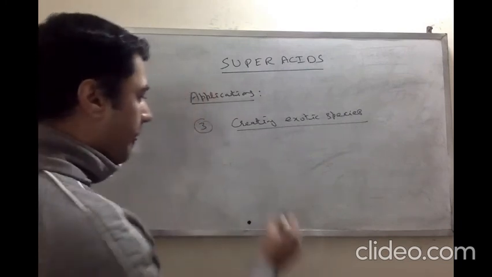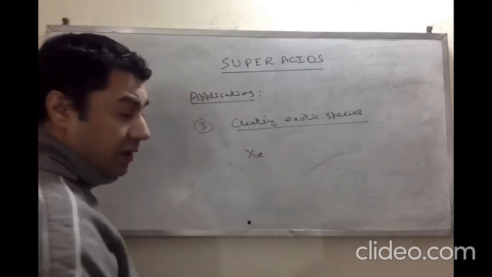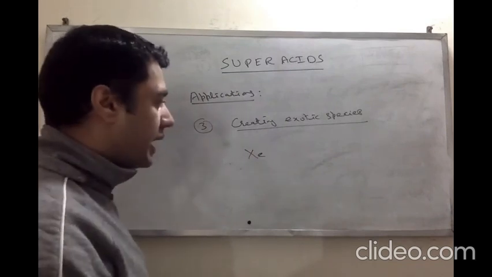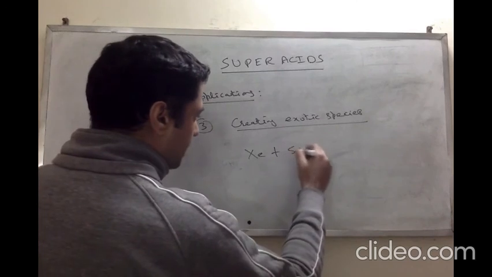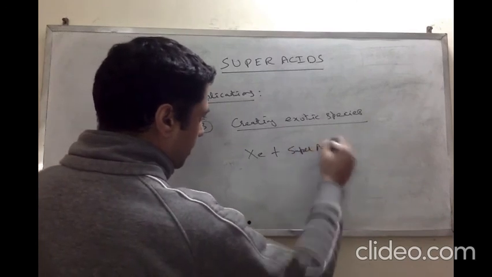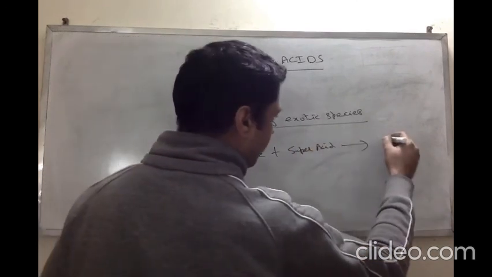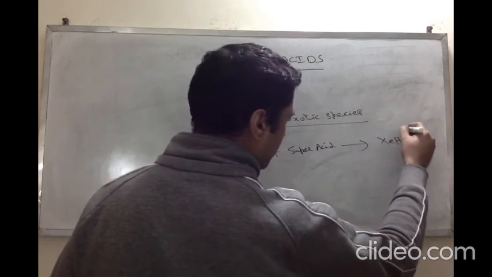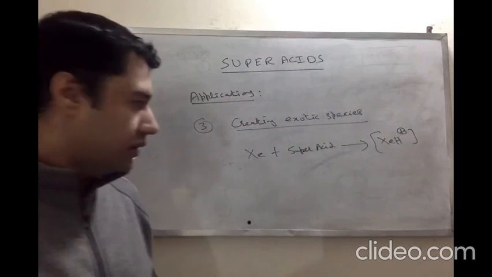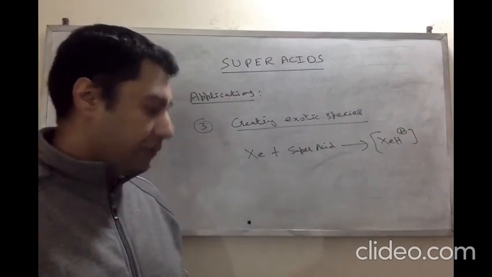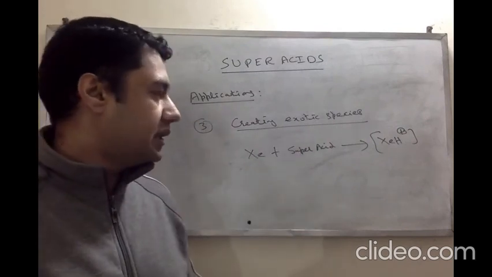For example, xenon, which is traditionally not thought of as a base, has been protonated with superacids, and the result has been a very interesting species, which is protonated xenon, XeH+. So this is another area of interest as far as superacids are concerned.